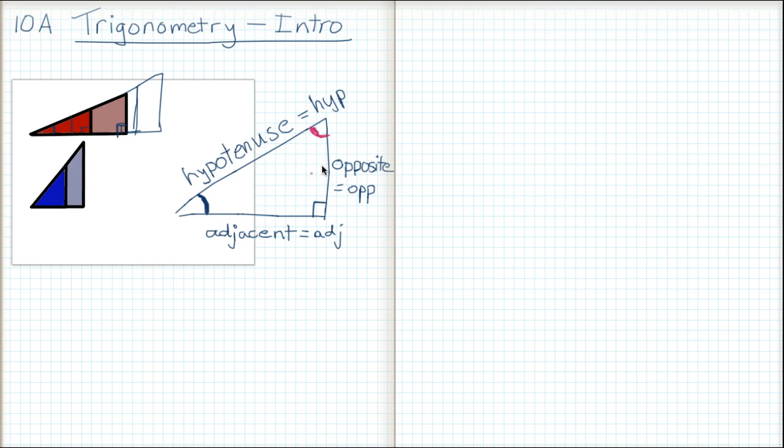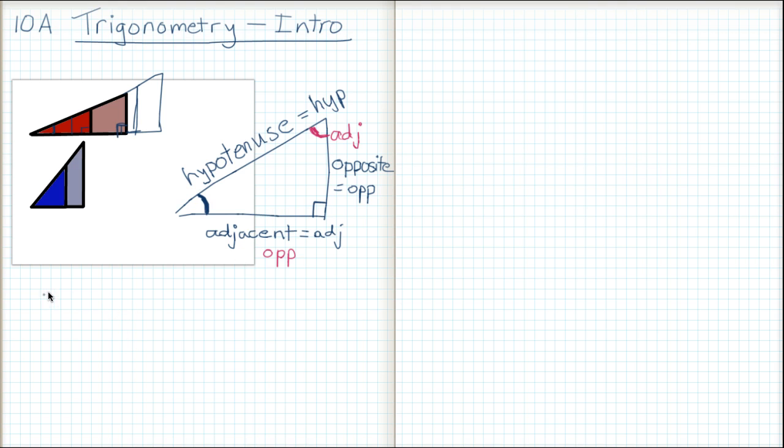So we have to change the names if we're going to talk about this angle. This angle has this side over here as the adjacent, and this side over here as the opposite. So watch out for that. You have to be very clear as to which angle you're looking at before you start, because the names can be different. So if you need to at the beginning, always label them first.